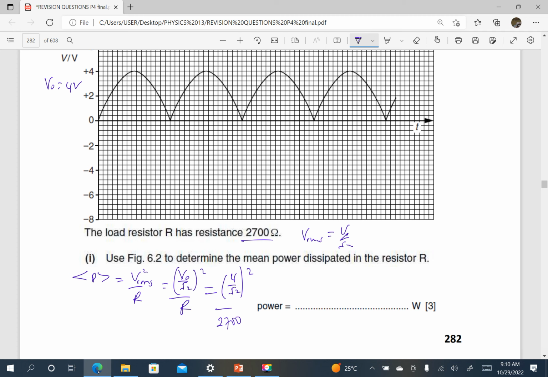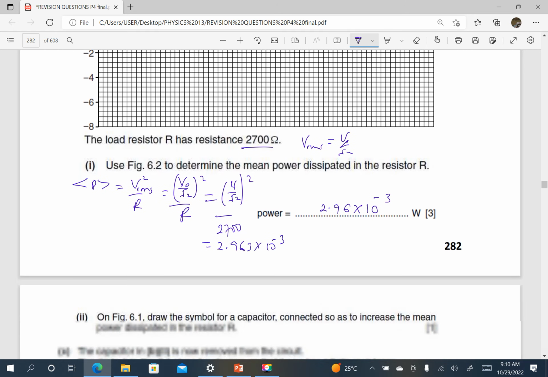When you press your calculator, 4 divided by root 2, squared, divided by 2700, we are getting 2.963 times 10 to the power negative 3. So to two decimal places, I have 2.96 times 10 to the power negative 3. That will be the average power.